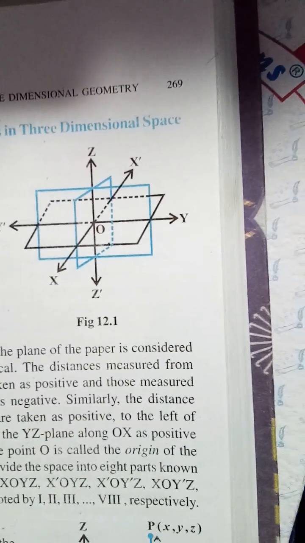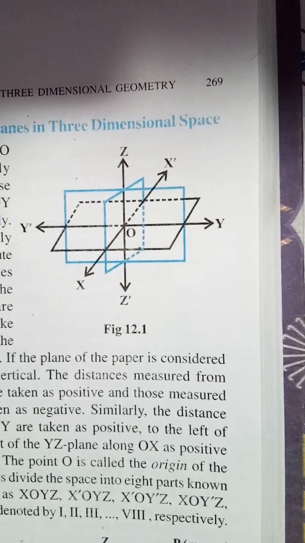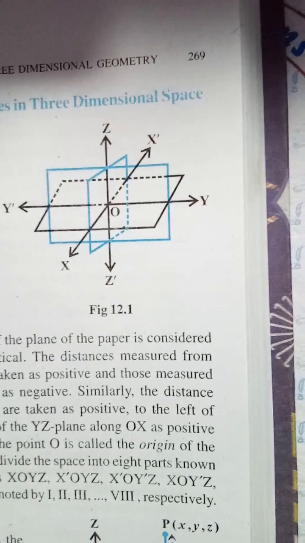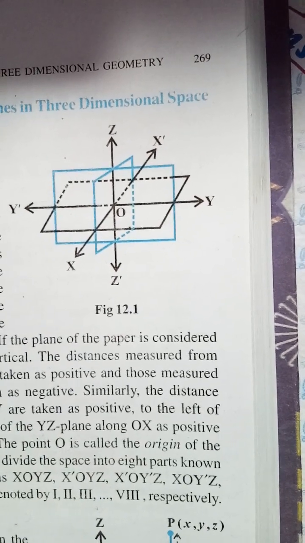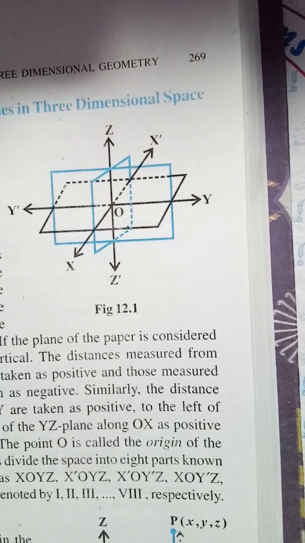The distances measured from the XY plane upwards in the direction of OZ are taken as positive, and those measured downwards in the direction of OZ' are taken as negative.